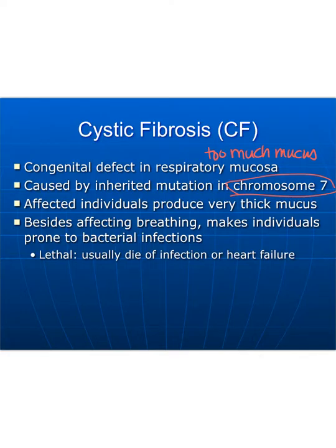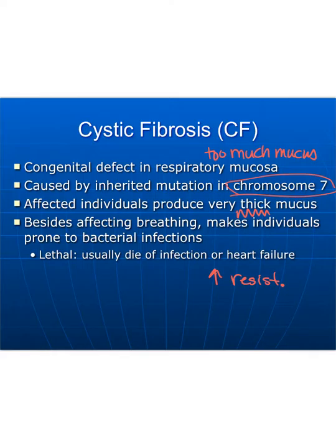So too much mucus, and not only too much, it's very thick. It's so thick that it's going to increase the resistance, so it makes it much more difficult to breathe. Also, because you have so much of this mucus, bacteria tend to stay in the mucus and you get infections all the time. So it's harder for them to breathe.